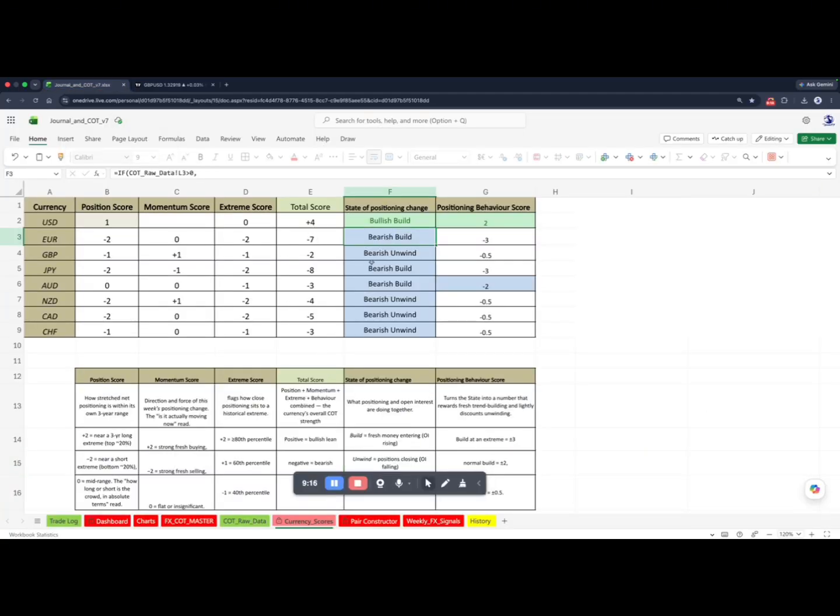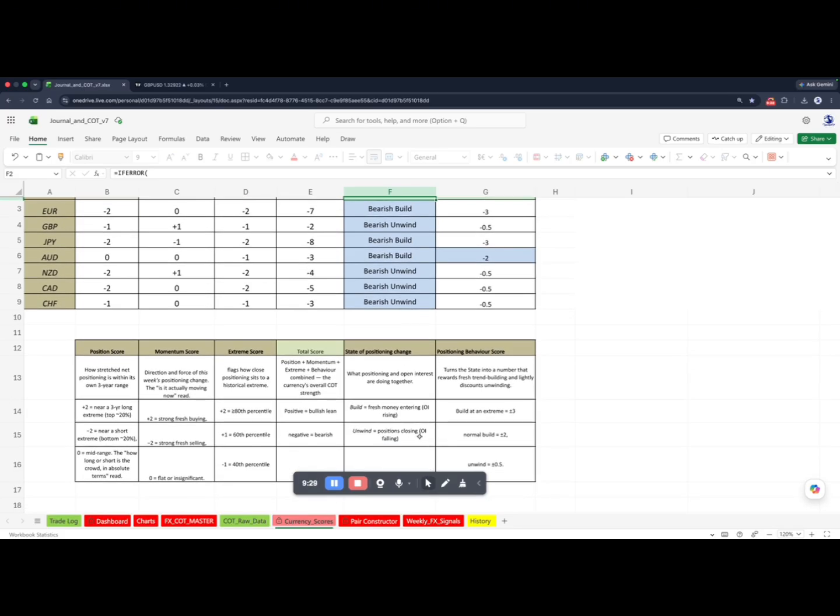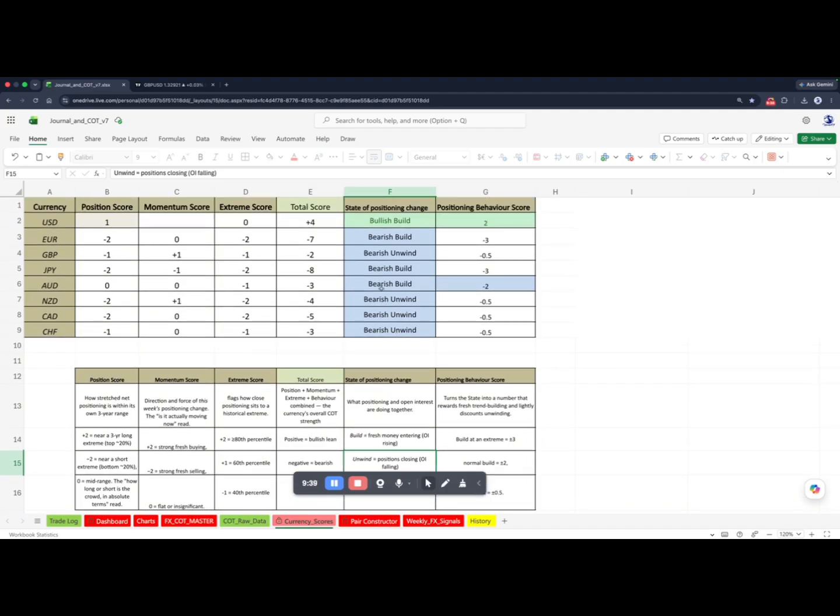What we like here is to see for continuation trades, we want to see the bearish builds or the bullish builds. And we also want to understand that for bearish unwinds and bullish unwinds, this means positions are closing for the open interest. Open interest is falling, and therefore there's probably greater likelihood for reversals for these. So that's the difference between the builds and the unwinds.